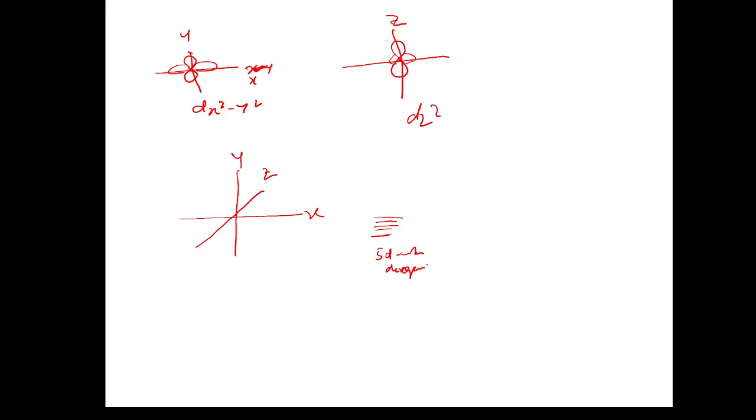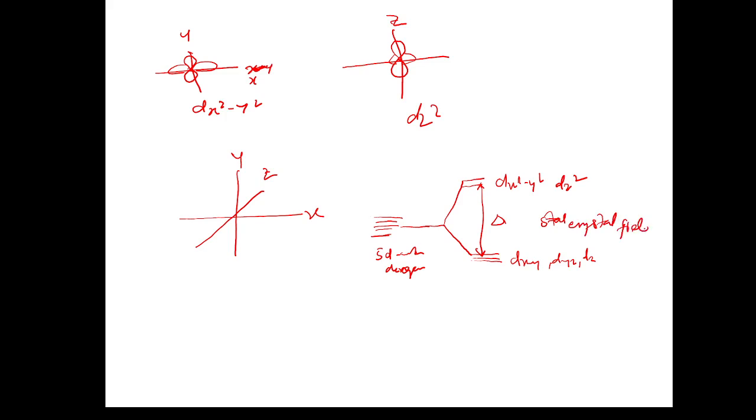But once ligands come along the axis direction, the orbitals along the axis will destabilize and go up, and the ones between the axes will stabilize and come down. So dxy, dyz, dzx are stabilized, and dx square minus y square and dz square go up. The difference is called delta, the crystal field splitting energy, or crystal field stabilizing energy.